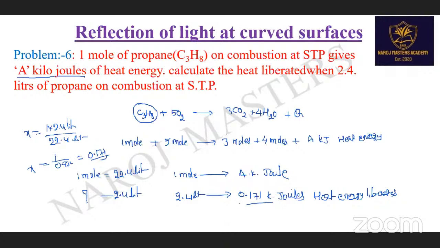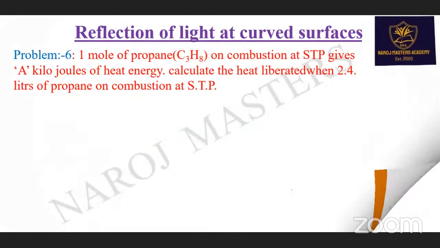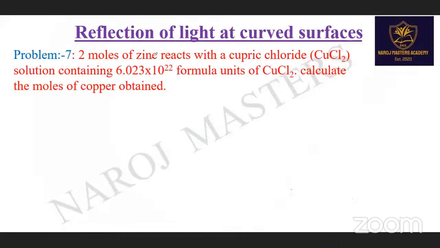Look at the next problem. 2 moles of zinc reacts with cupric chloride, that is CuCl2 solution containing 6.023 into 10 power 22 formula units of cupric chloride. Calculate the moles of copper obtained.